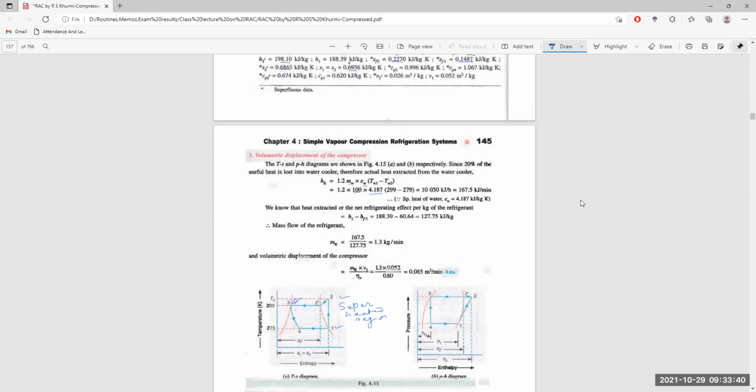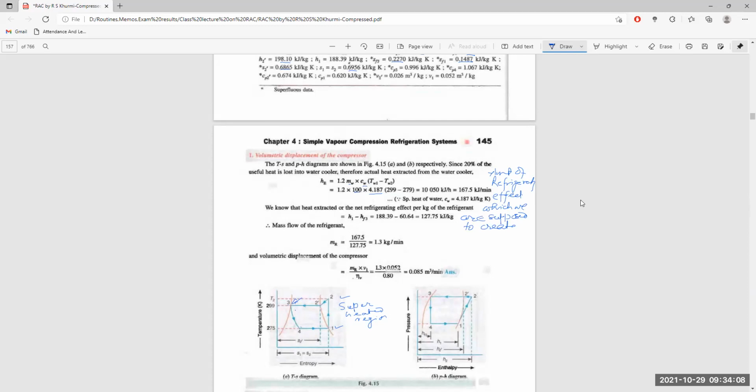This is the amount of refrigerating effect we are supposed to create.